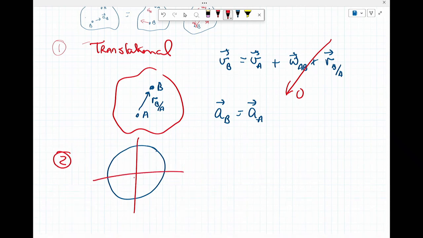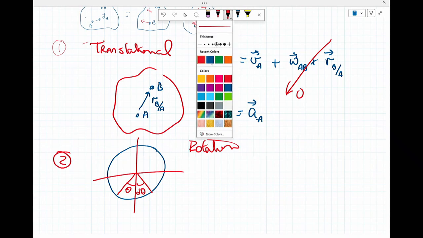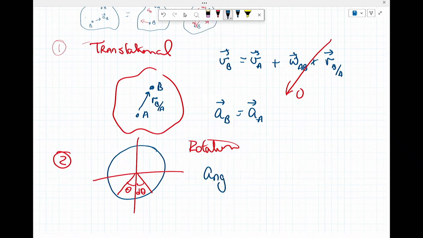So you could have something where you start out at a theta and you displace d theta, but it's rotation. And this is where we start to get into new stuff in terms of notation. Angular position is just going to be theta.